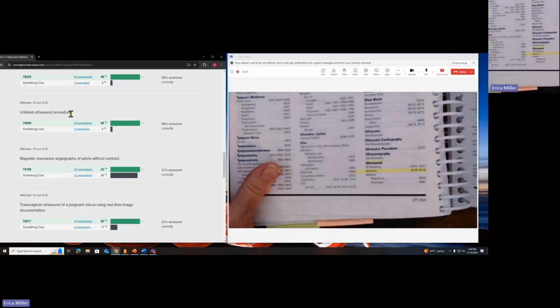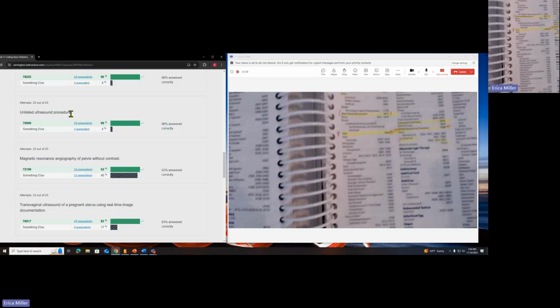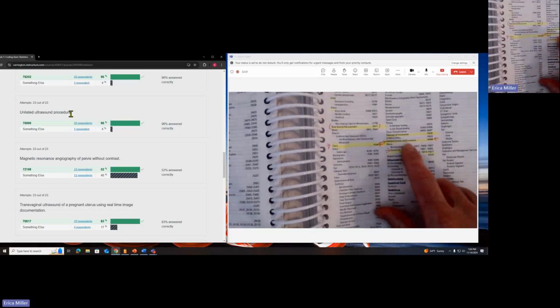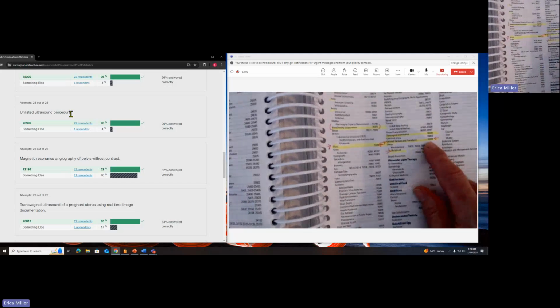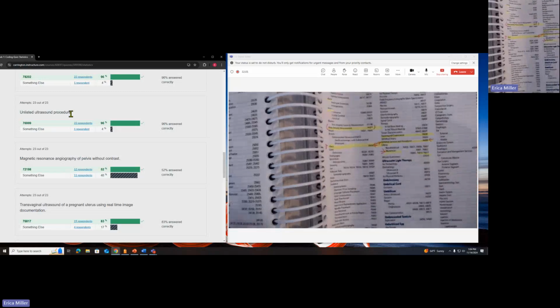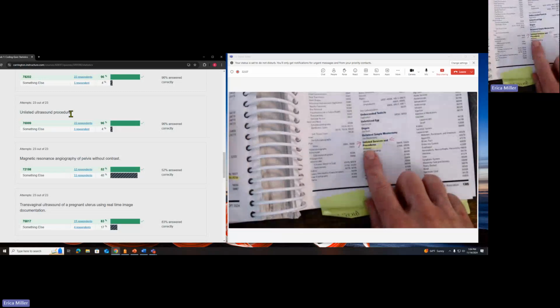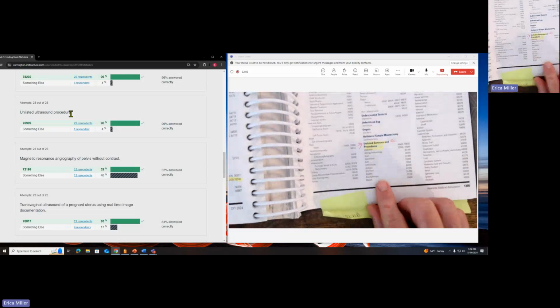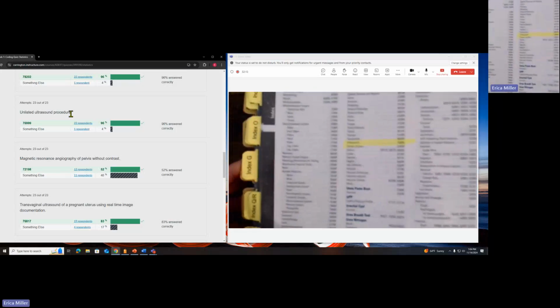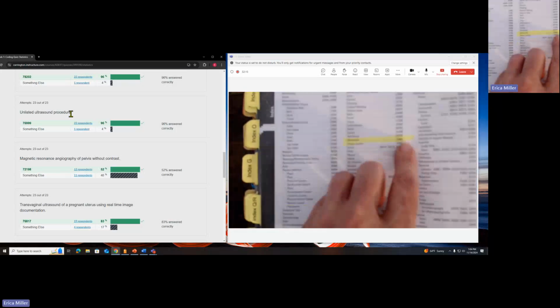So if I went ultrasound as my keyword, okay, then I would just follow it till I got to unlisted services and procedures, 76999, or I could take it to unlisted services, everything's listed alphabetically, until I found ultrasound. Okay, and again, you come up with the exact same code.